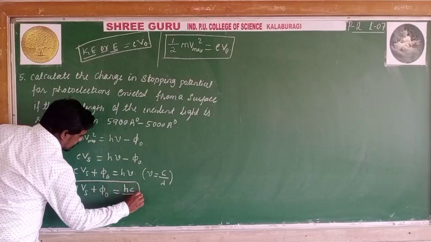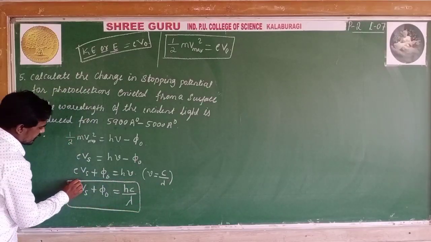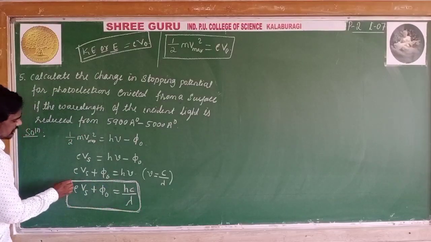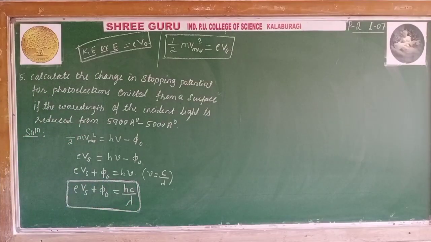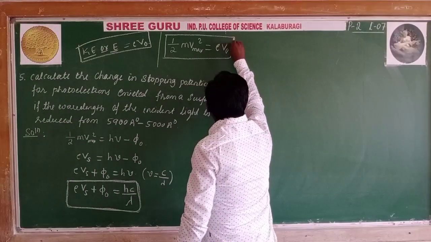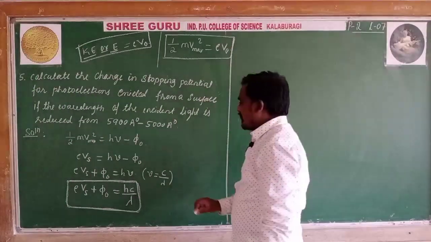From this expression we find the change in stopping potential for photoelectrons emitted from the surface when the wavelength is reduced from 5900 angstrom to 5000 angstrom.